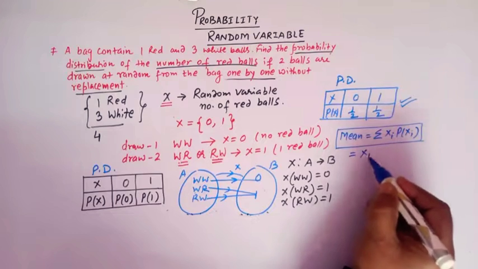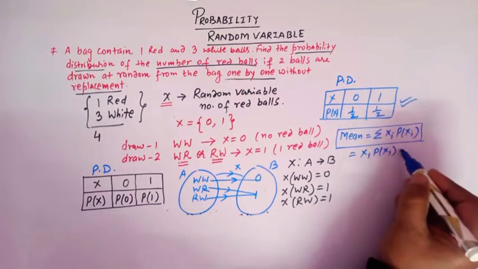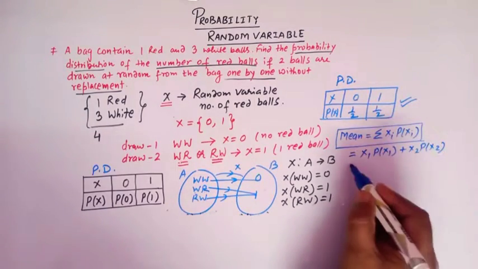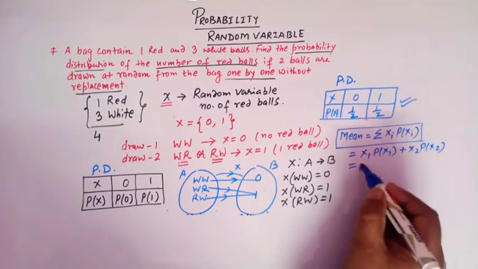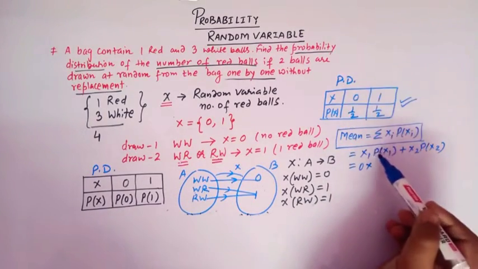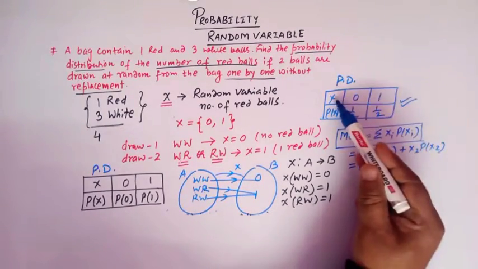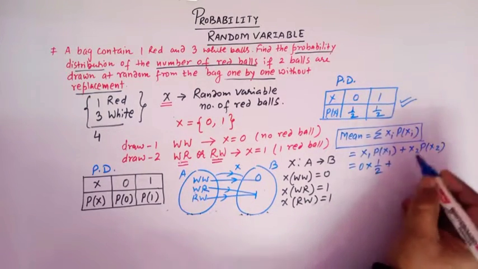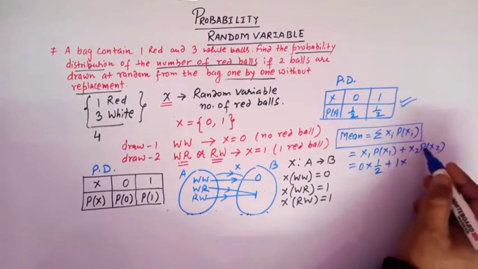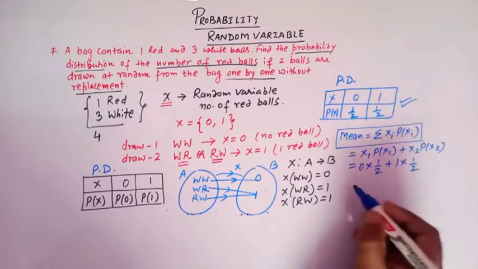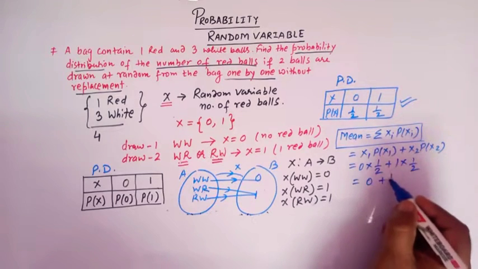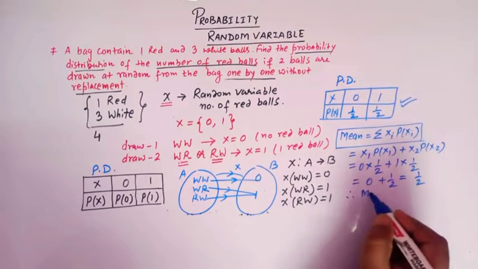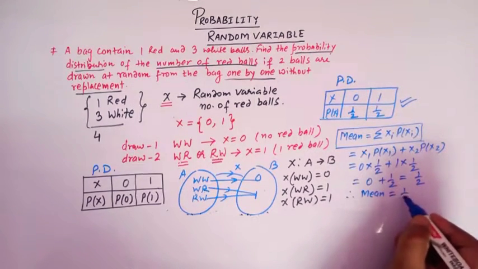So we have x1 P(x1) plus x2 P(x2). x1 is 0, and the probability of x equal to 0 is half, so P(x1) is half. x2 is 1, and P(x2) is half, right? So this is 0, this is half, so the sum is half, right? So the mean of this probability distribution is half.